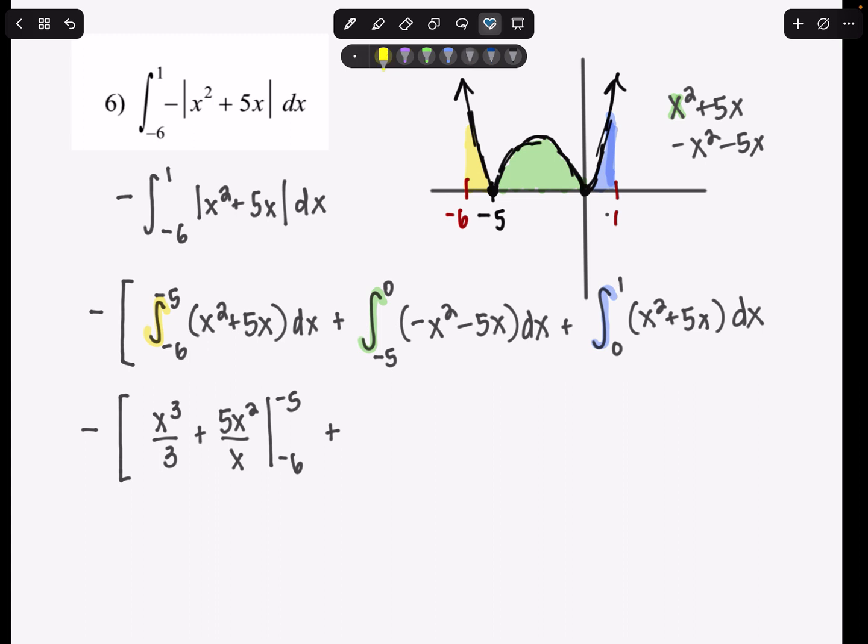Plus, I'm going to continue to use my highlighter here. Plus, let's see what we have here. -x cubed over 3, I'm going to use parentheses, minus 5x squared over 2 from -5 to 0.